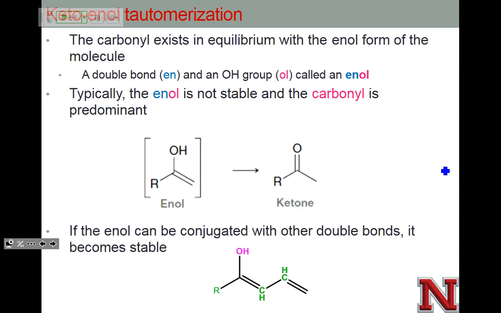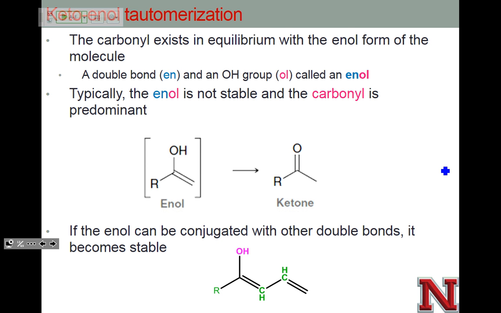Of course, if we're looking at something like this structure versus this structure, clearly the enol is going to be more stable because the ketone would not be aromatic.